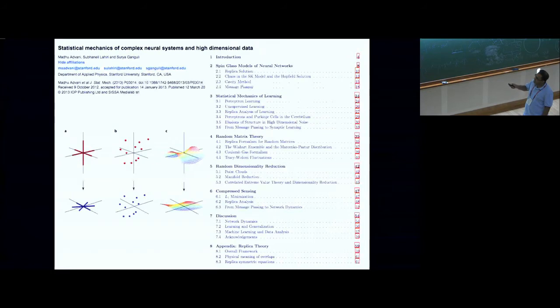So in a unified way, we discussed neural network dynamics, learning dynamics, random matrix theory, random projections, compressed sensing, and so on and so forth. So feel free to send this to your graduate students or postdocs. I think this might help in getting an entryway into this subject.